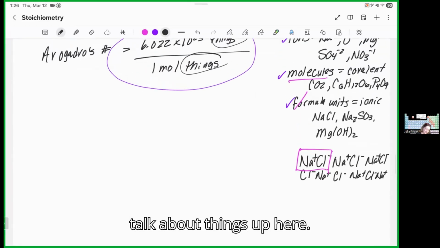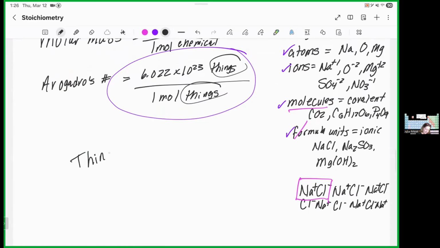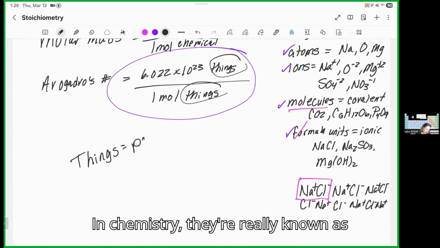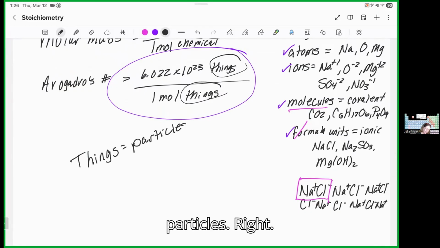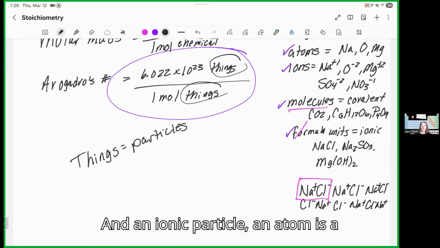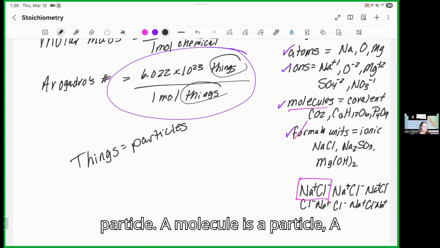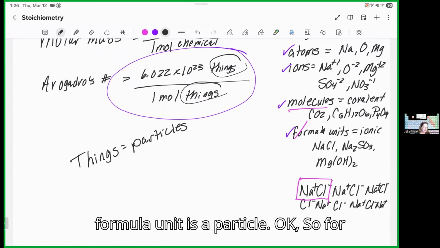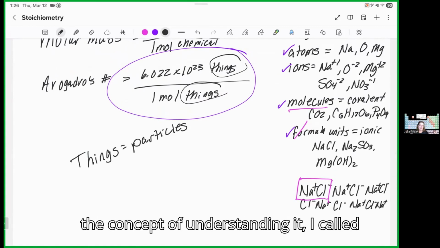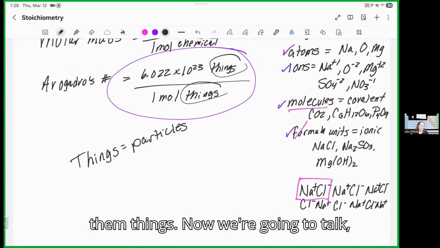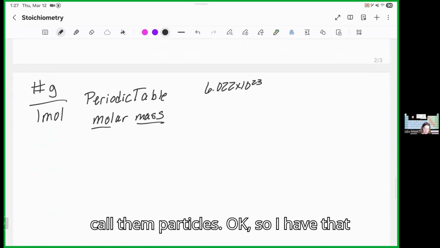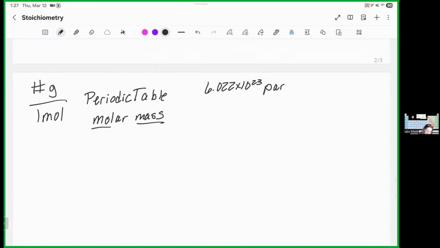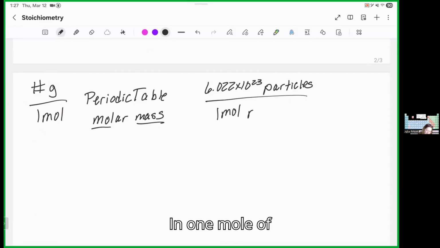When I talk about things in chemistry, they're really known as particles. An atom is a particle, a molecule is a particle, a formula unit is a particle. For the concept of understanding it, I called them things. Now we're going to call them particles. So I have that many particles in 1 mole of particles. Those are the two things that we've talked about.